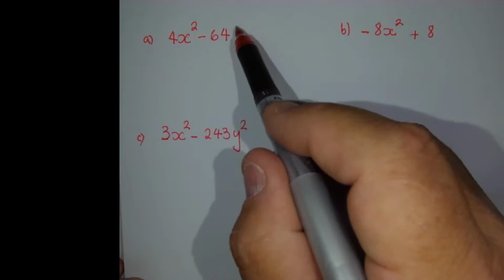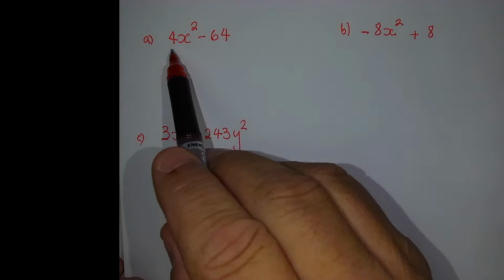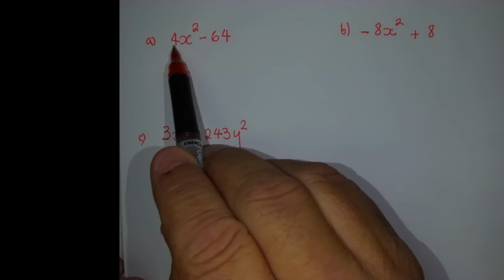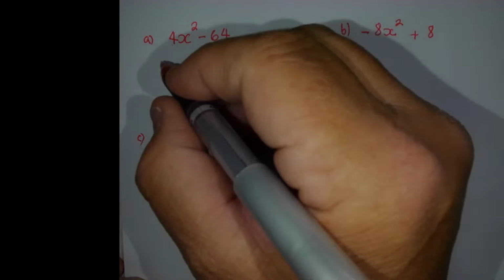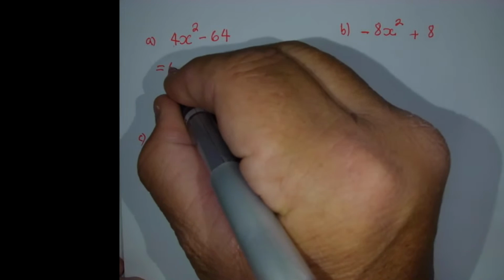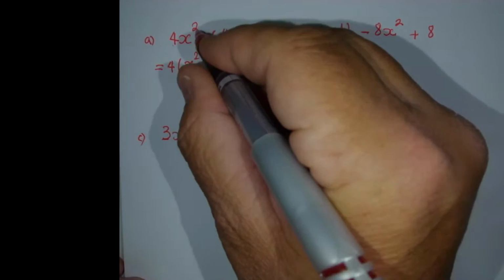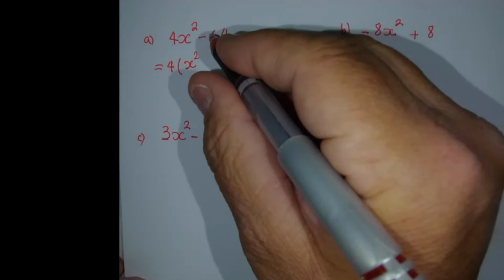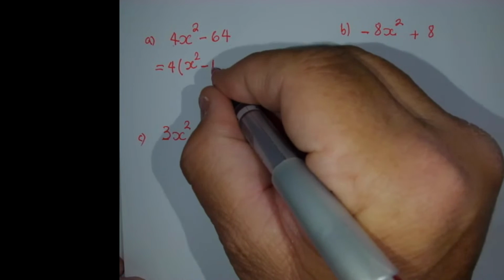Do I have a term that divides each one of those terms at the same time? In this case, yes, because 4 is a factor of 4, and 4 also happens to be a factor of 64. So I could take out a common factor 4 of x squared. Remember that you divide that term by 4 and that will give you x squared, and then minus 64 divided by 4, that is minus 16.